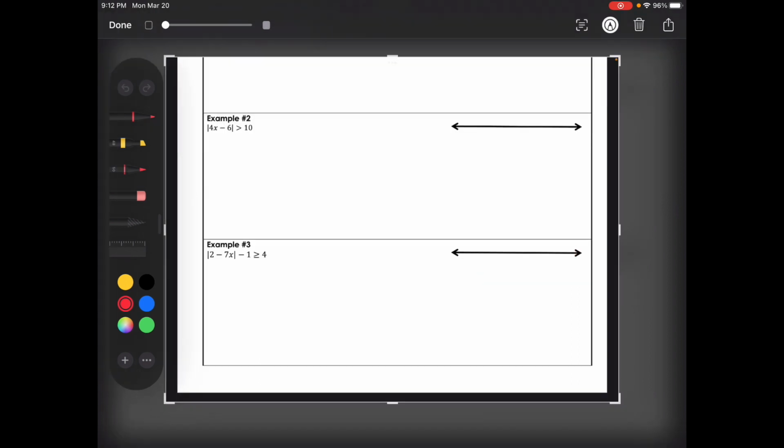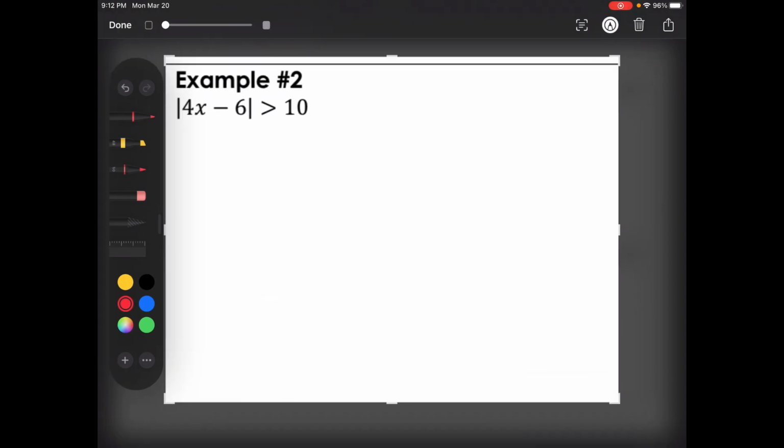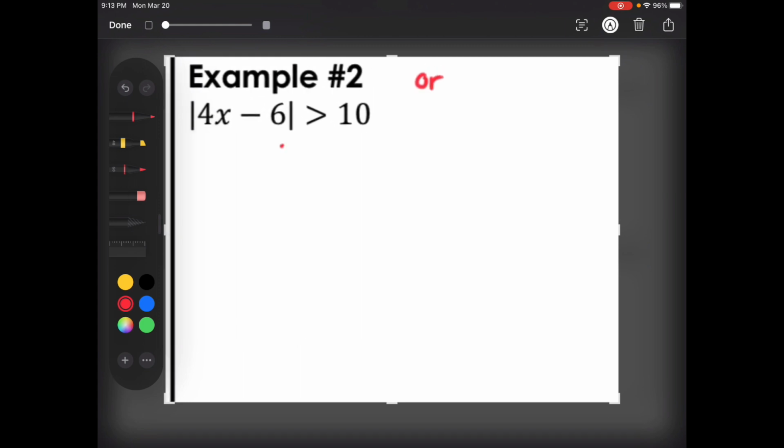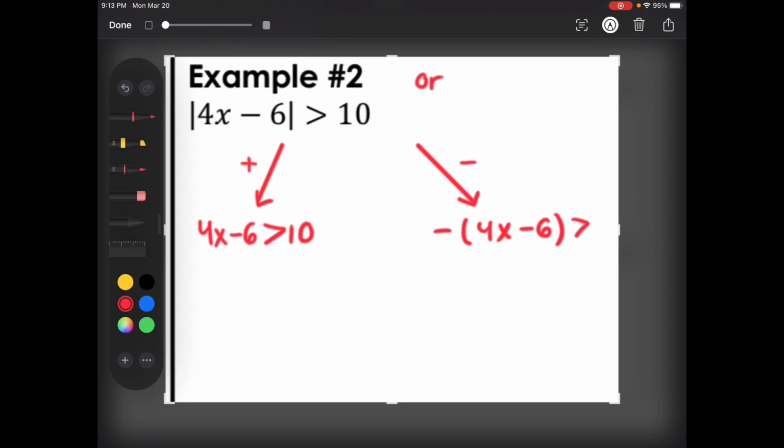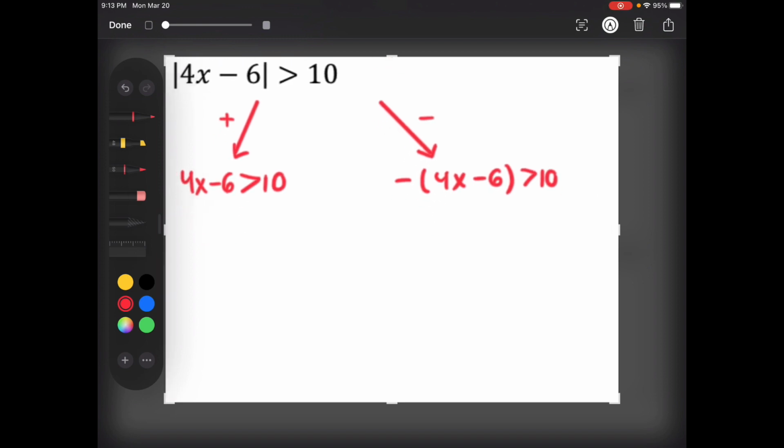Next one. So as you can see for this one, it's greater than, the absolute value is isolated, so it's going to be an "or." But you're also going to be able to determine that based on the information you get at the end of the problem. So you're going to solve it two ways, the positive and the negative version.